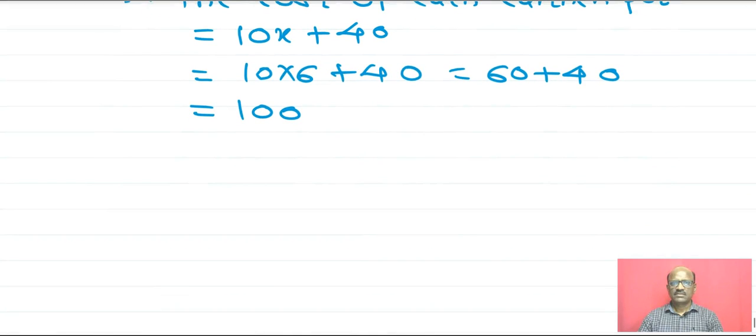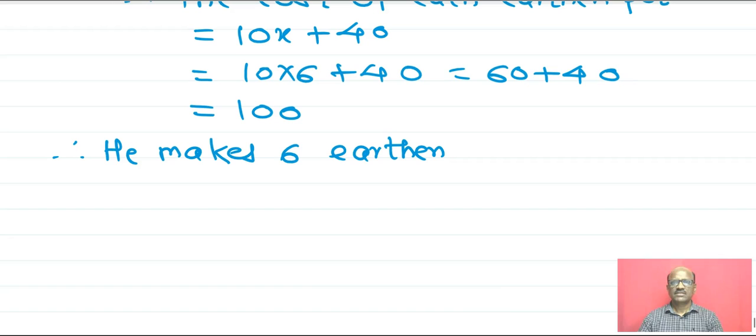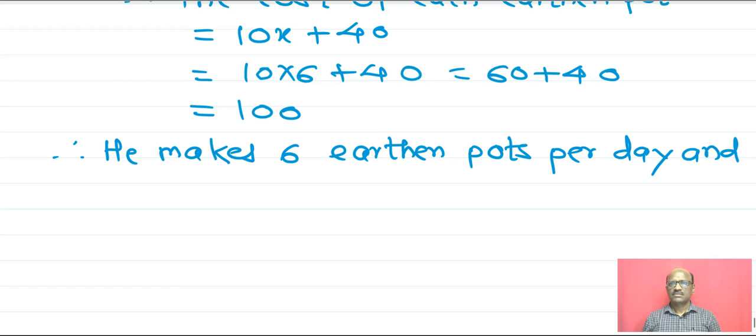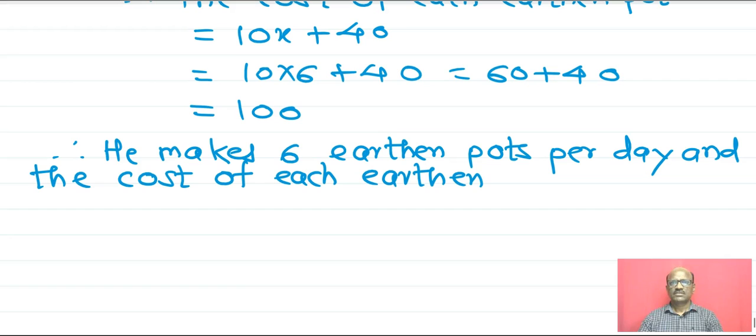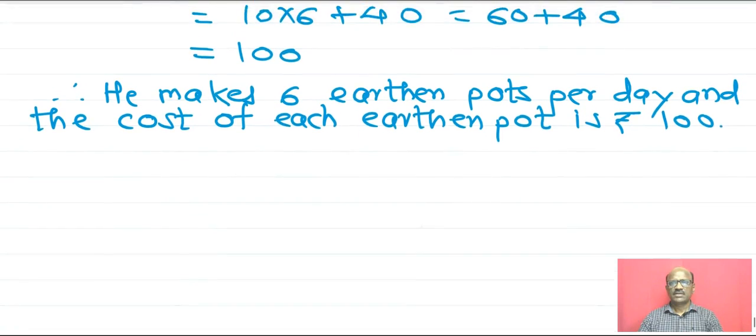Hence, he makes 6 earthen pots per day, and the cost of each earthen pot is 100.